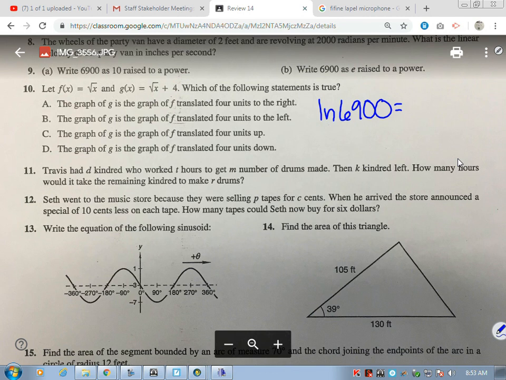8.8312. Then what we actually ended up doing is we solved for B. In order to find 6,900 as 10 raised to a power, I believe you want to do log. Try log 6900.